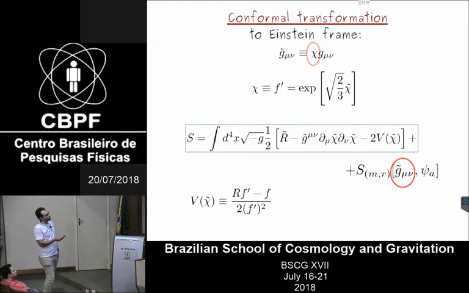And then when we do that, the action is written just like the Einstein-Hilbert action, so the name Einstein frame, with an extra field over here, right? To have a standard kinetic term and a standard potential term, which is defined in terms of f and f prime. So this is really useful to show that these f of R theories do have an extra degree of freedom, which is materialized here in terms of this chi field, okay?